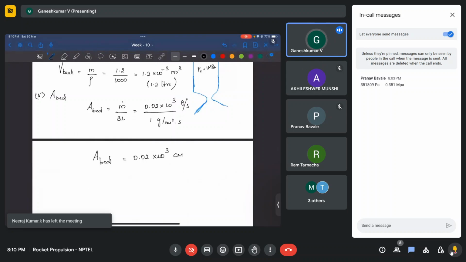Basically, bed loading ratio is defined as mass flow rate per unit area of the bed, so we use that definition, and this can also be written as 20 centimeter square.